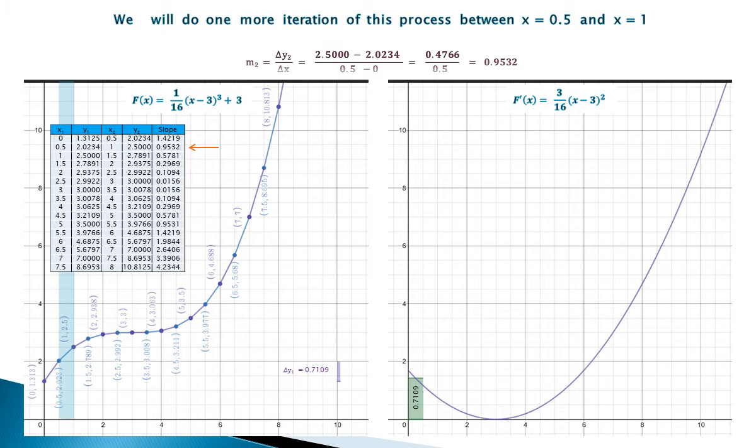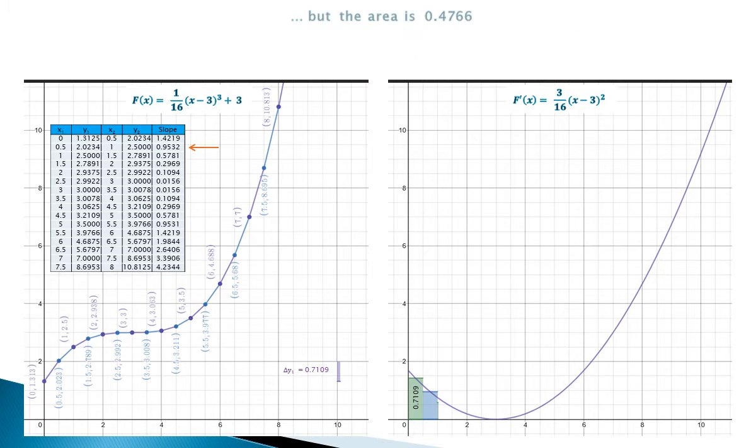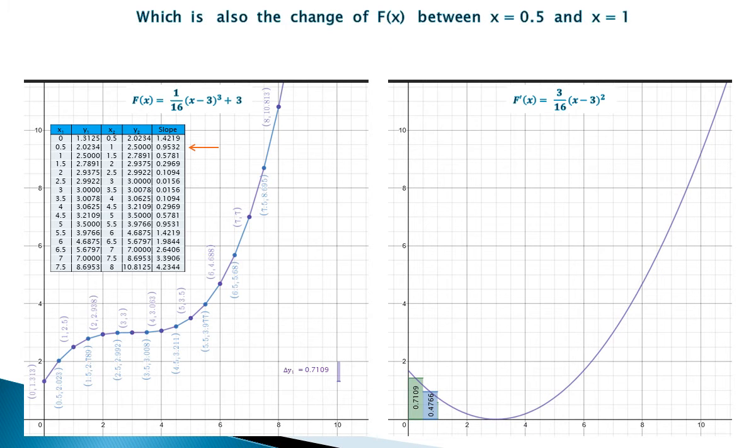We will do one more iteration of this process between x equals 0.5 and x equals 1. The height of the rectangle on the right is 0.9532. But the area is 0.4766, which is also the change of f of x between x equals 0.5 and x equals 1.